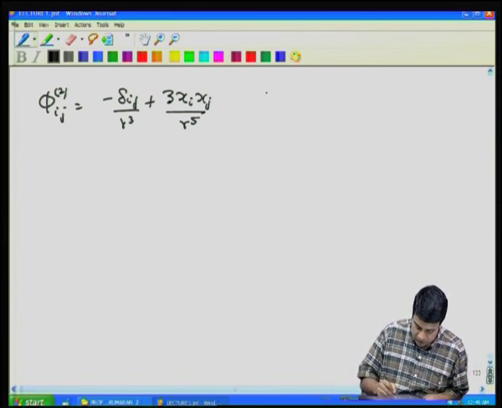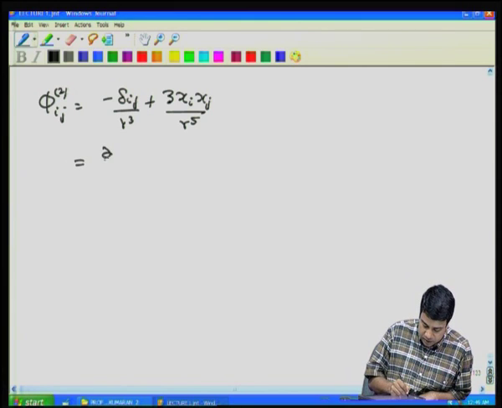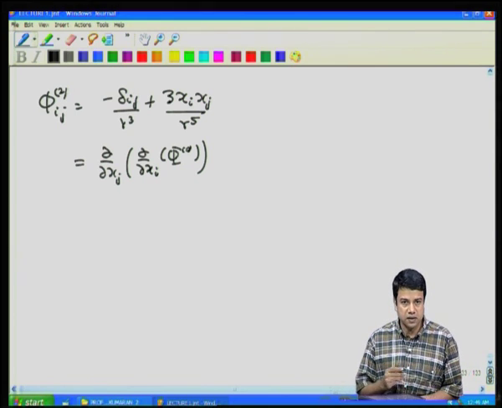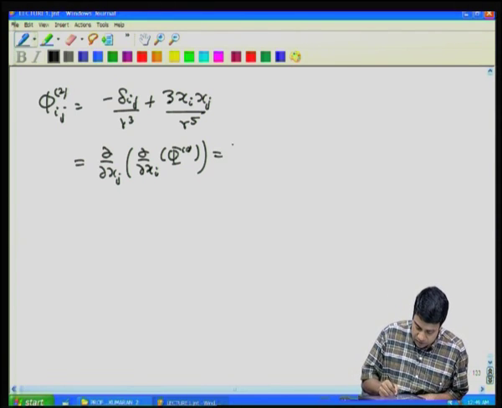2 times. Okay. So, phi 2 i j is equal to partial by partial x j of partial by partial x i of phi naught. I took gradient 2 times. That is equal to, I can easily interchange the order of differentiation because x i and x j are independent variables. So, this is also equal to partial by partial x i of partial by partial x j of phi naught.